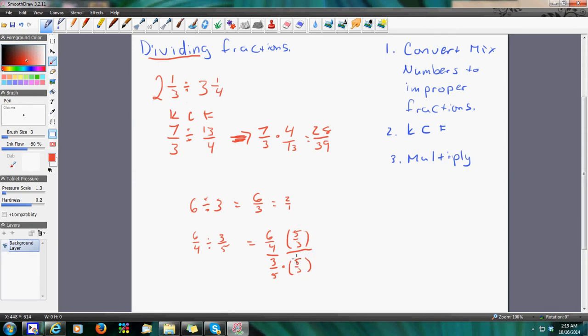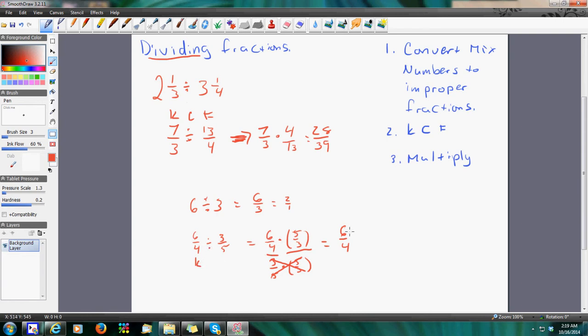And when I do that, I get 3 times 5, which is 15, over 5 times 3, which is 15, and 15 over 15 is 1, so really my denominator cancels out. But what am I left with? I'm left with the numerator, which is 6/4, which was my original fraction.